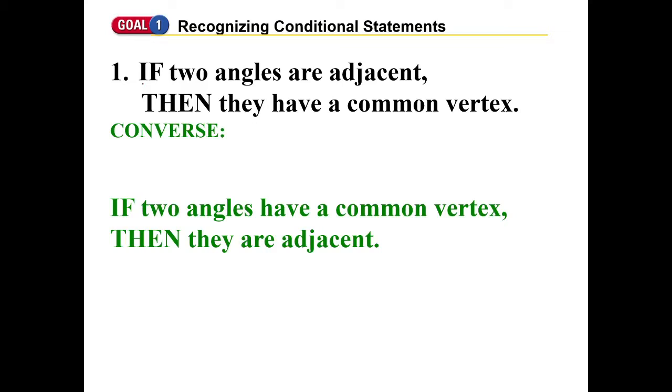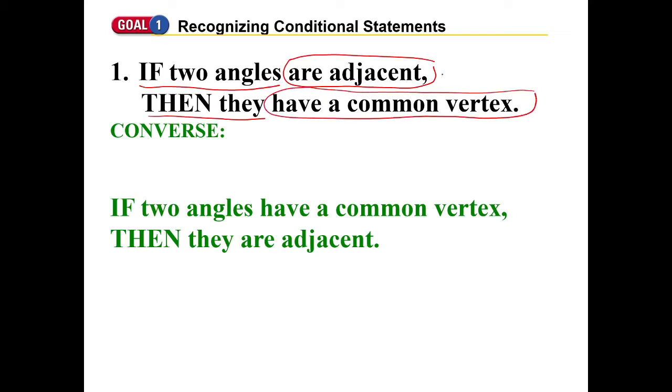So our clue here is this. If two angles should remain there, then they also remain. We will interchange our adjacent and we will interchange it with have a common vertex. So these two are the ones that interchange. The two angles and they remain the same for this example.